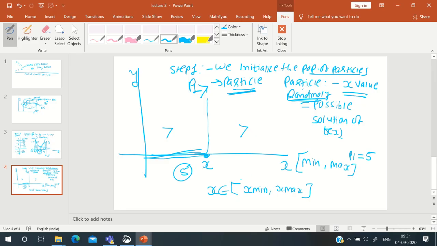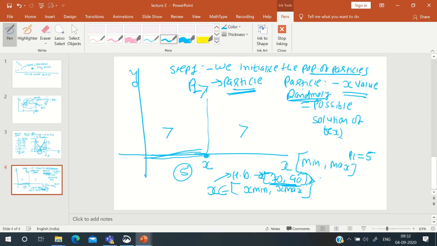So if you consider the variable for heartbeat x, its limit is 70 to 90. The x value should not fall below 70 or exceed 90.